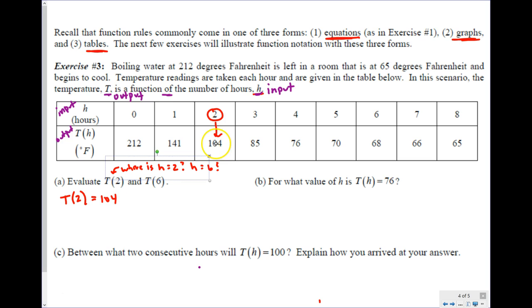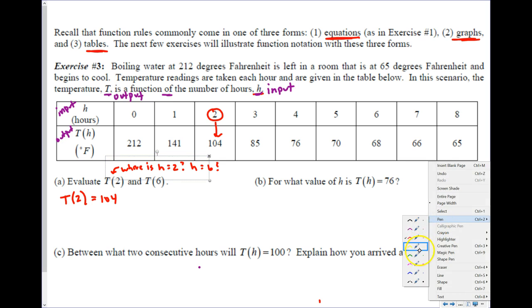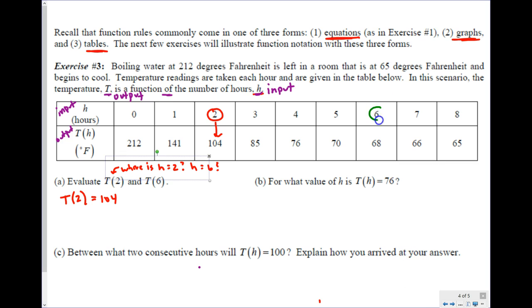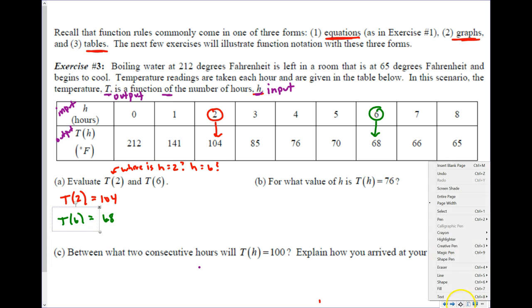So at 2 hours, it is at 104 degrees. T of 6: I find 6 is my input, and the output is 68. So t of 6 equals 68. Much easier in a table than trying to solve an equation.